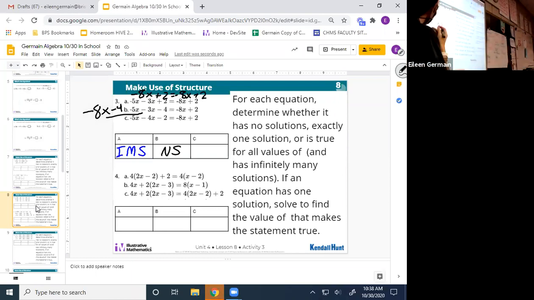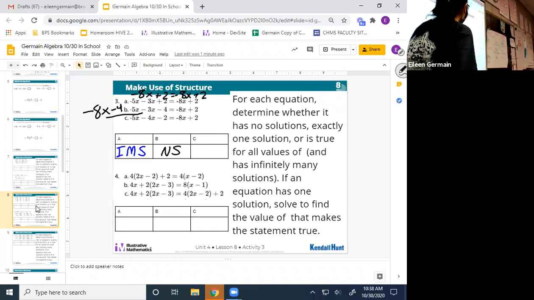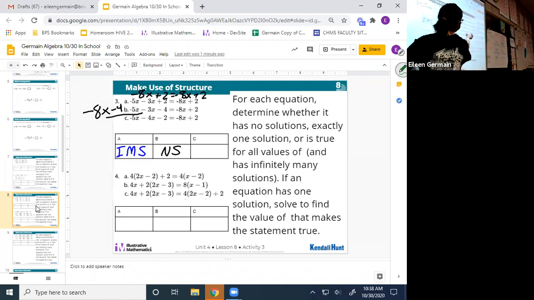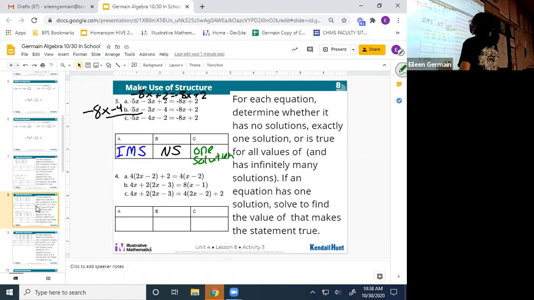Perfect. Now we did 3C. 3C was done by Elliot, and he put his in. So he said that this one had one solution, and he solved it, and he got negative 4.